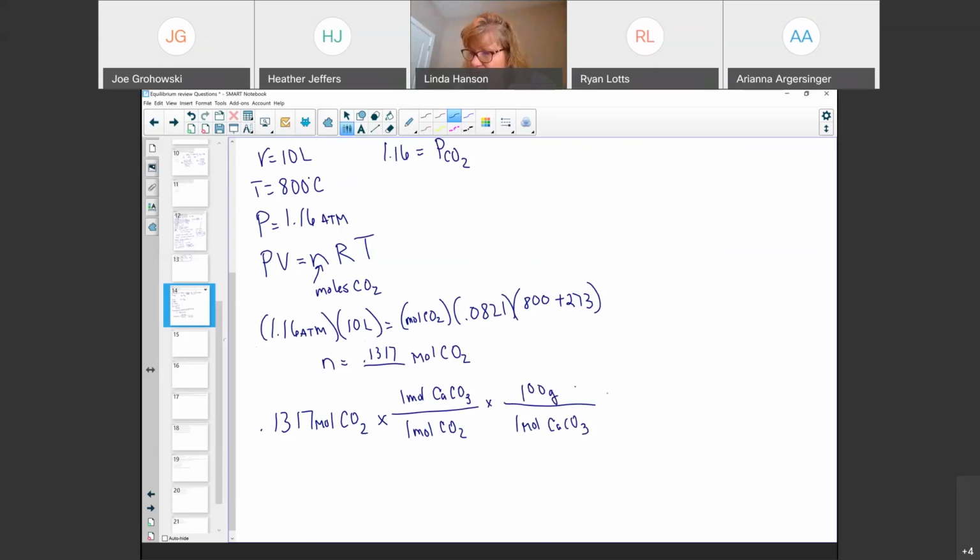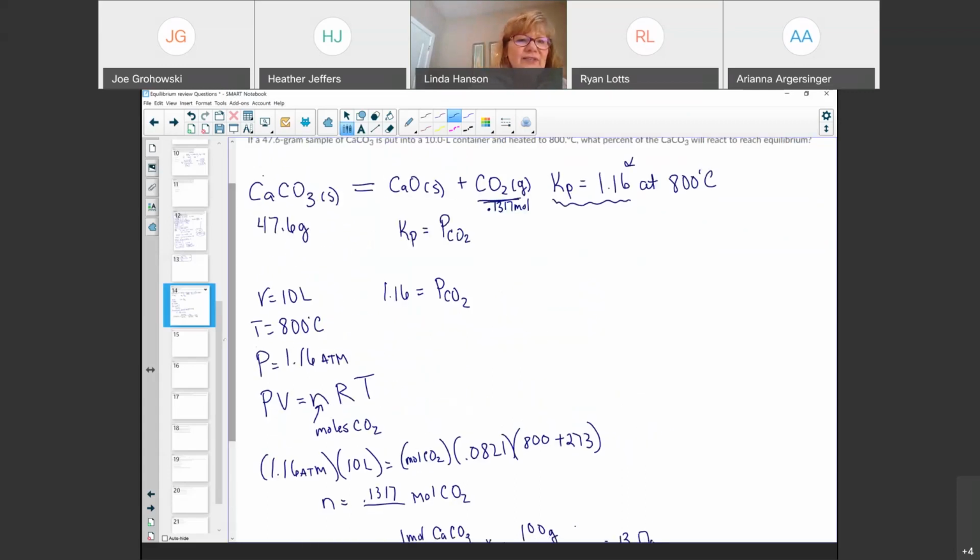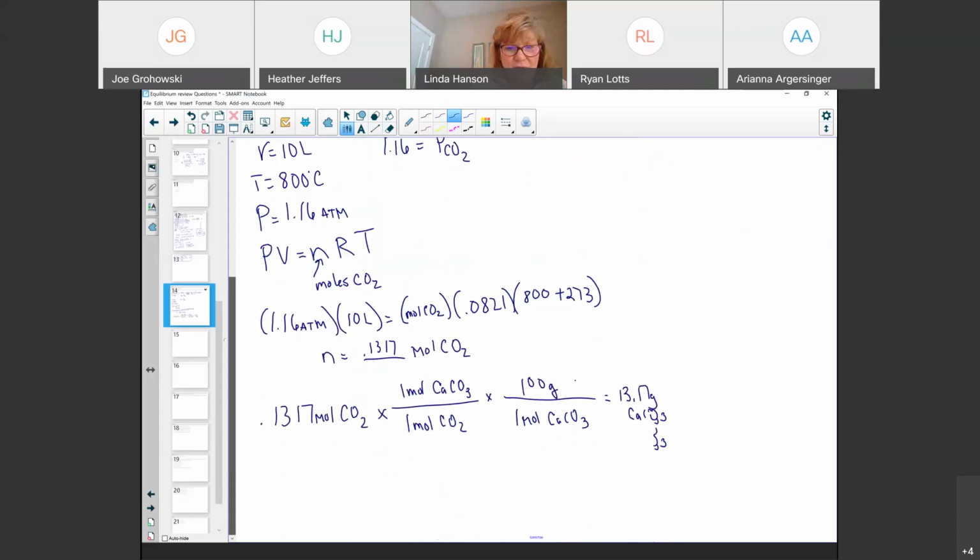So that answer times 100. Oops, that didn't come out very neat. If we started with 47.6 grams, whoops. We used 13.7 grams, and they're asking us what percent did we consume.